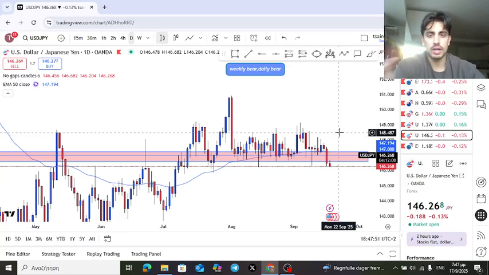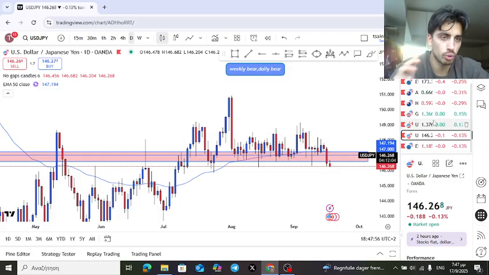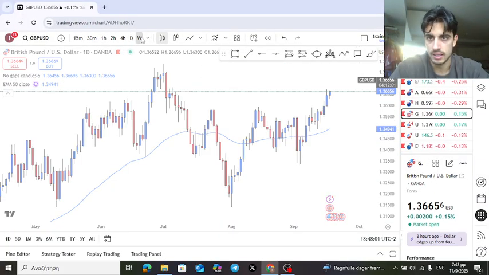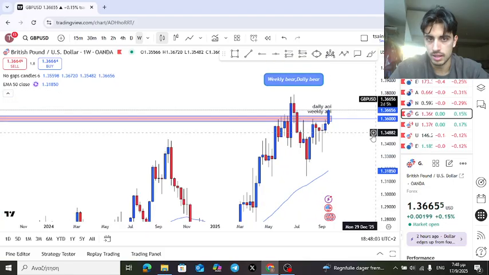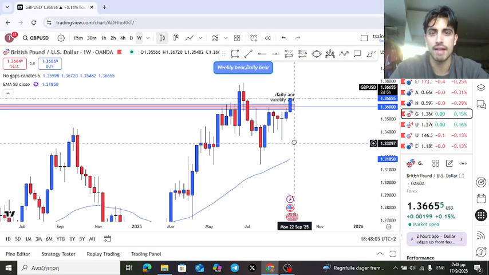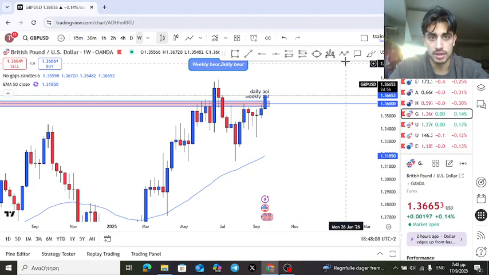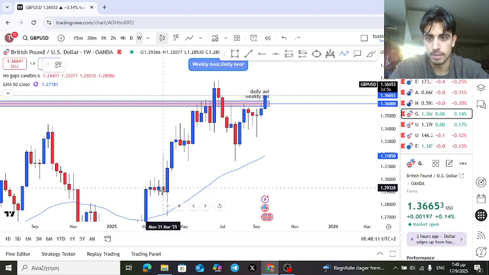I'm just giving you guys a tip to understand, since you don't know how to read. Let me just show you one more, because I saw it recently with one of my friends. This chart right here, everyone will think, oh, it's clearly bullish. This chart right here, it is bearish.